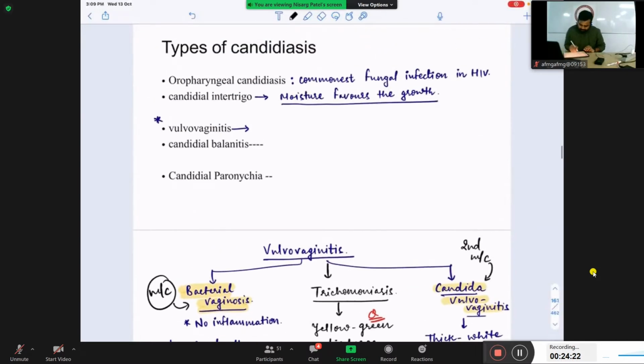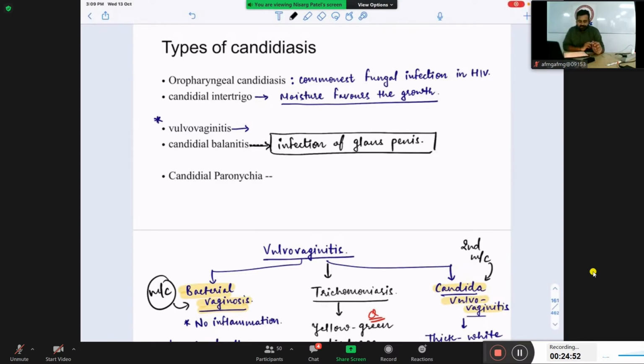Okay. Now, what is candidal balanitis? It is an infection of the glans penis. In your exam, an MCQ was asked that a 40-year-old male is having a recurrent infection on his glans penis because of candida, what should be the next step in this patient?